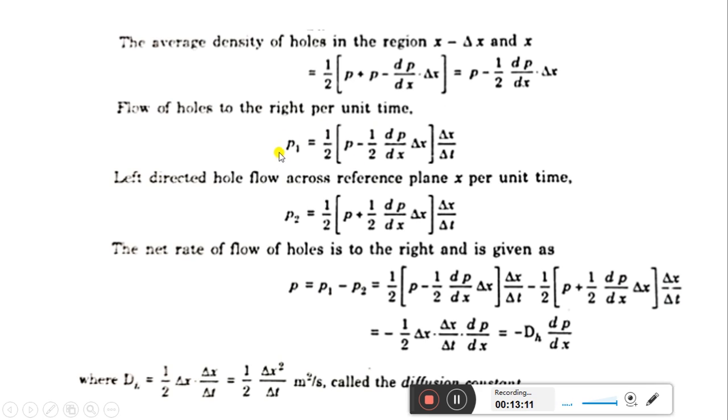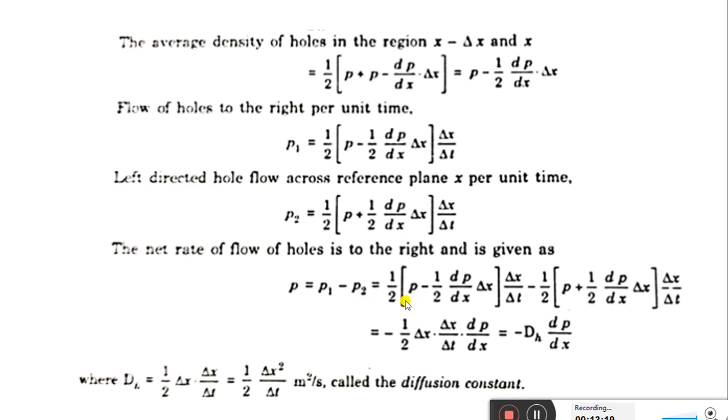Already we have calculated both values here: P1 is this one and P2 is this one. If you write P1 minus P2 and resolve this equation, some terms will be cancelled out. Finally we will get minus half delta x into delta x by delta t into dp by dx.